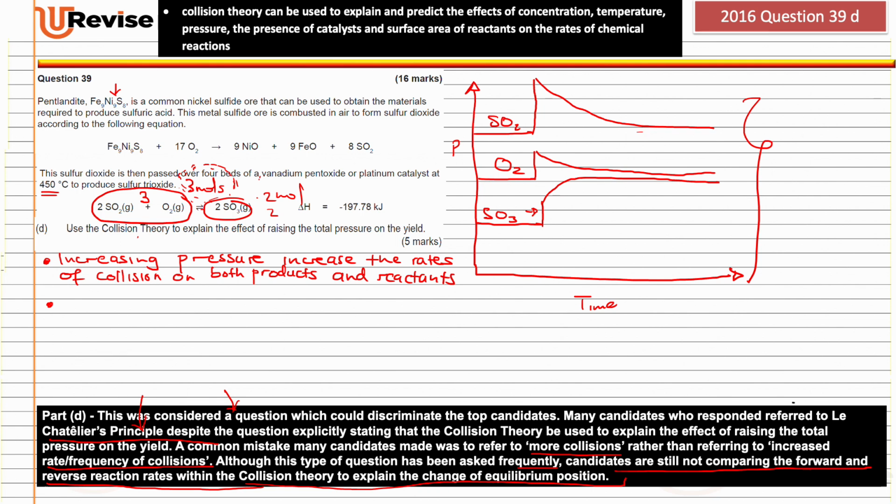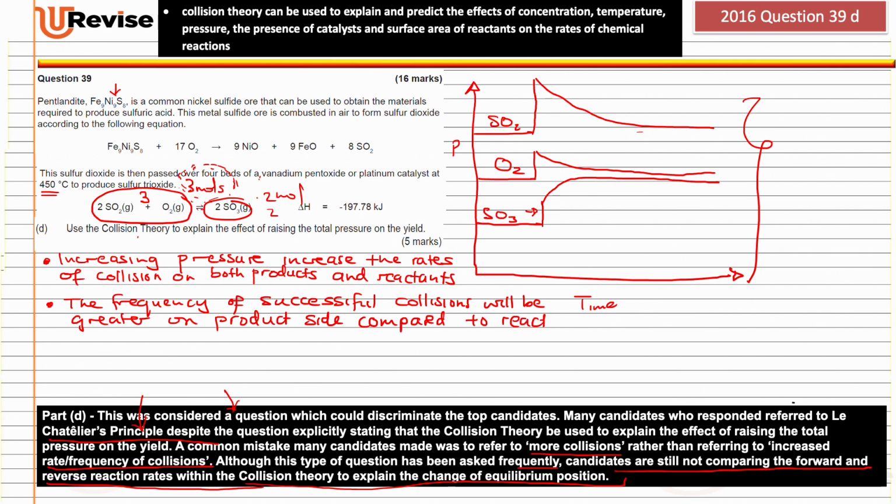However, what's happening here? The frequency of collisions, the frequency of successful collisions will be greater on the product side compared to reactants.